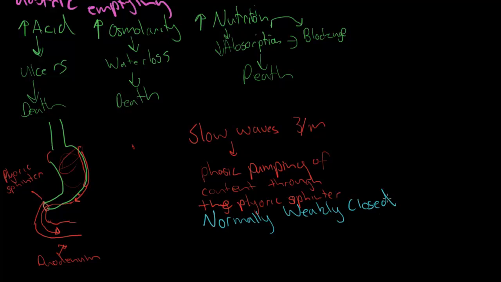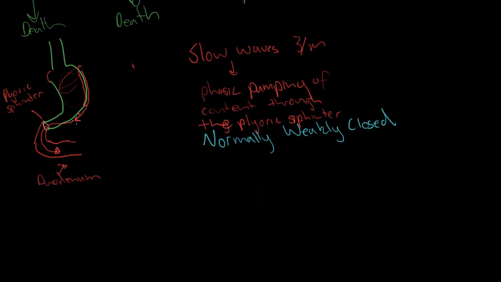Now that's important. It's normally weakly closed, which means two things. Firstly, it's only partly closed, so not all is going to go in. Some is actually not going to fit through the sphincter and is going to get sent back. And this is called retropulsion, which I'll talk a little bit more about in a minute.